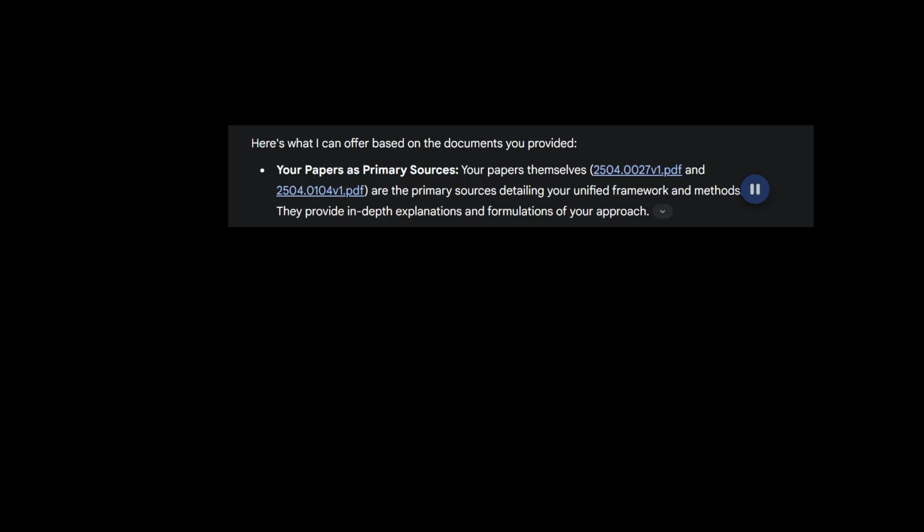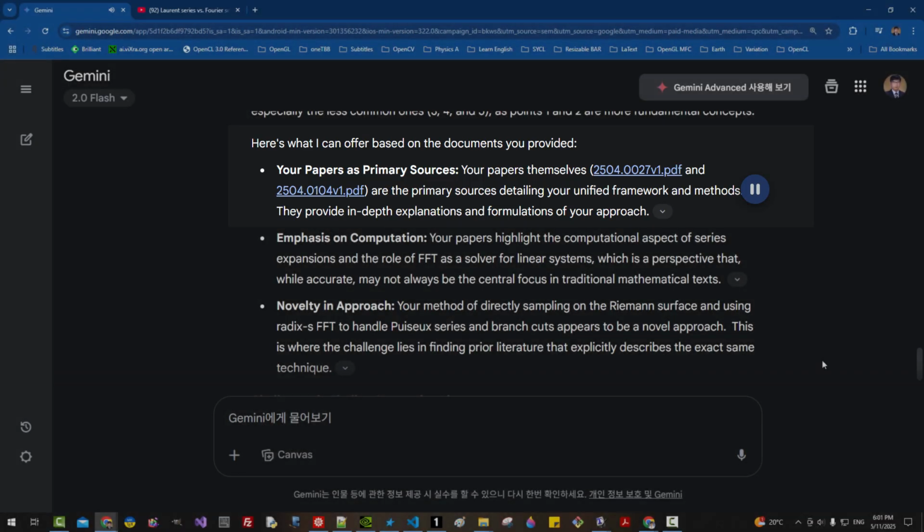Your papers as primary sources, your papers themselves, 2504.0027v1 and 2504.0104v1, are the primary sources detailing your unified framework and methods. They provide in-depth explanations and formulations of your approach.